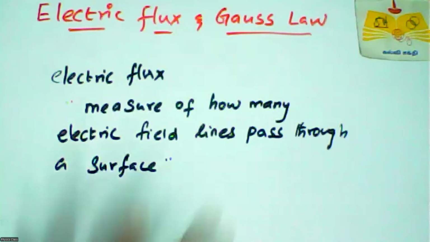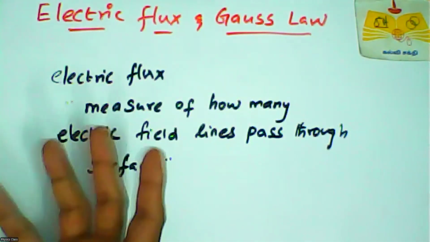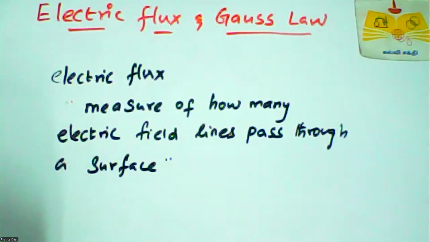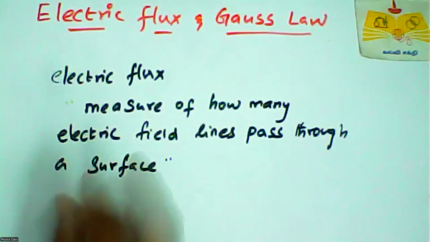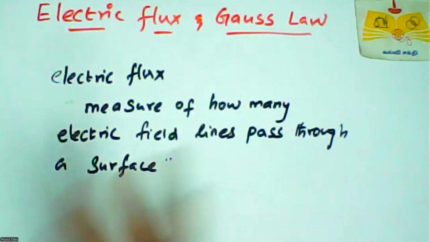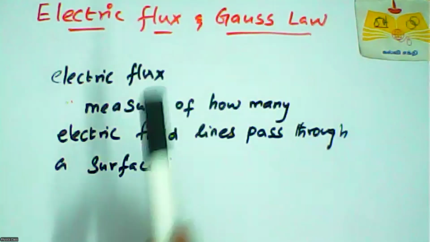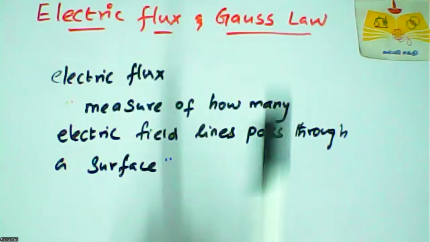So electric flux is nothing but a measure of how many electric field lines pass through the surface. For example, here you can see the whiteboard. This is one example of a surface. Here one charge is there in that space.